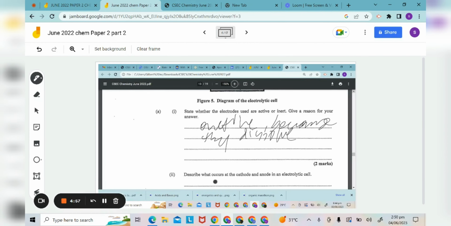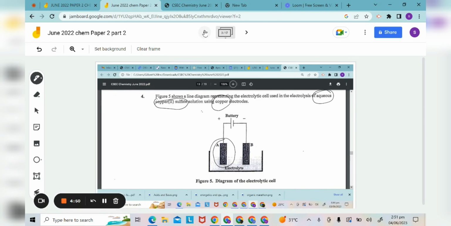Okay, it says describe what occurs at the cathode and at the anode in the electrolytic cell. So because you are using copper electrodes, and it's copper sulfate, the ions in solution would be copper ions, H plus ions, sulfate ions, and OH ions. Normally, you'd expect that the OH ions would be preferentially discharged at the anode.